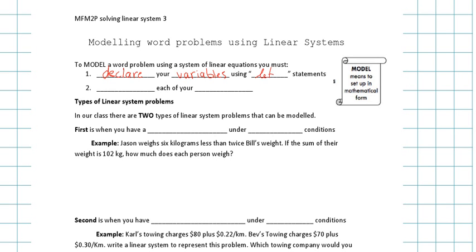What that means is I'm saying let h be the height and let t be the time. I'm giving them variables. And then we're going to have to create our equations. Usually we're going to have two equations in order for us to be able to solve. So we're going to create each of your equations.